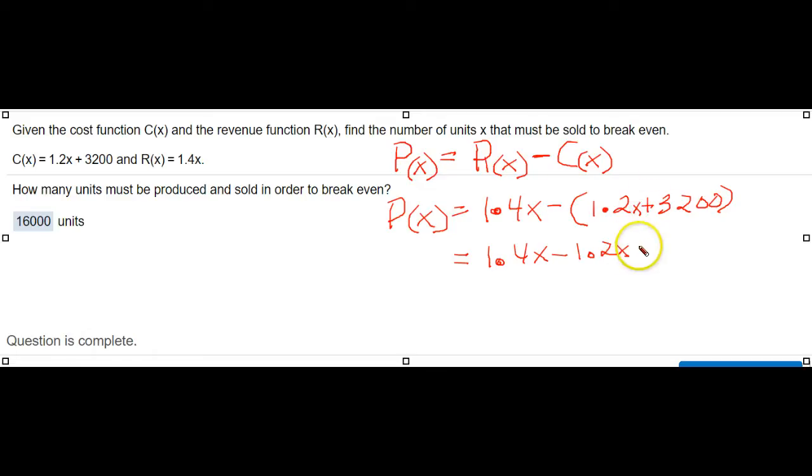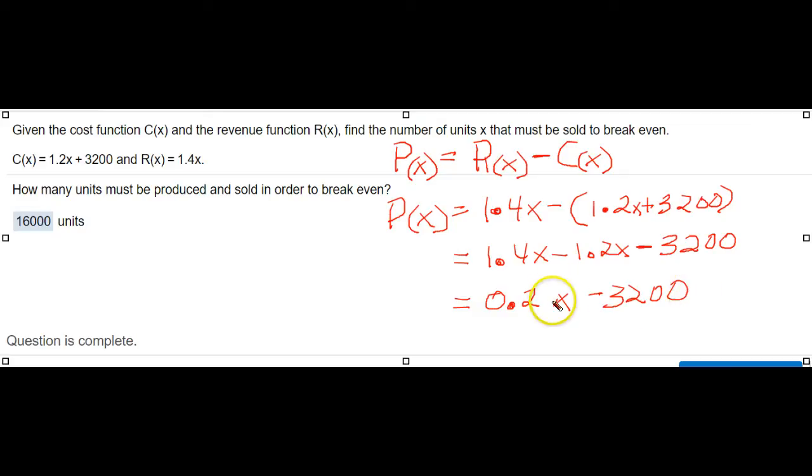Now notice, this now becomes a negative 3200. So we do our subtraction here, and our answer then would be 0.2x minus 3200.